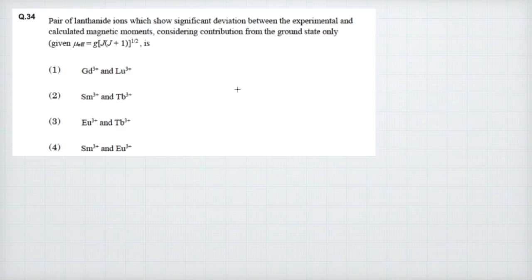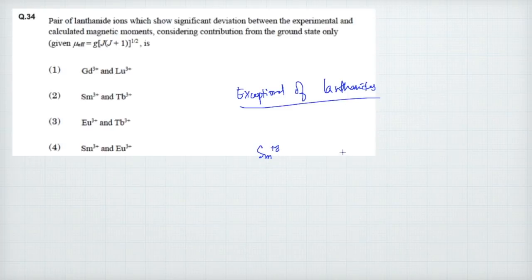So this is from the exceptional cases of lanthanides. Generally, samarium +3 should give a very low magnetic moment, around 0.5, and europium +3 should give a 0 magnetic moment, but the observed values are quite high: around 1.9 and around 0.9.